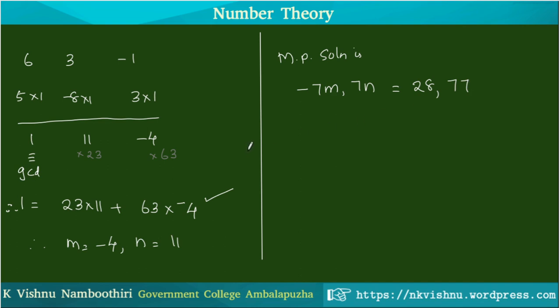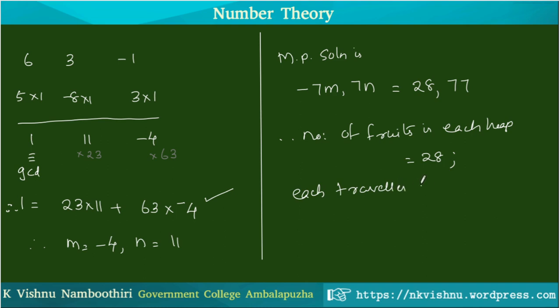So what is meant by this? The number of excess rows in each heap is equal to 28. Each traveler will get 77.